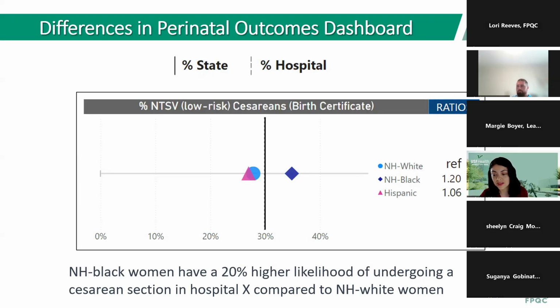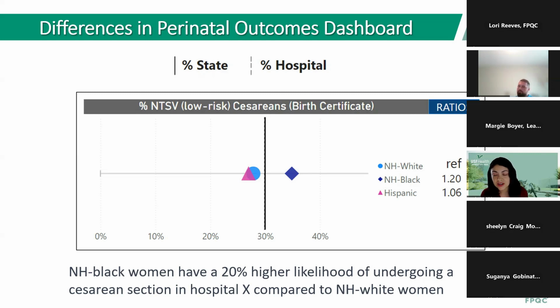Now, there may be other indicators where you don't see much of a problem. Depending on what you're focusing on, differences can still be significant, right? So it's crucial to remember that depending on what you are working on at your facility, you can still use the disaggregations to find opportunities.